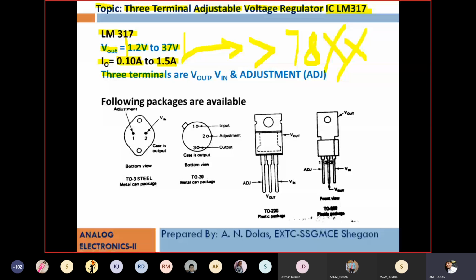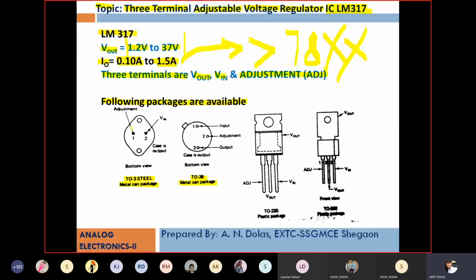There are 3 terminals named V out, V in, and another terminal, adjustment, I adjust, not the ground. The following packages are available in this IC. Nobody will ask this in the examination, of course. This is the TO3 steel package, a metal can package. And the TO39 metal can package is also available. Here it is like a power transistor.